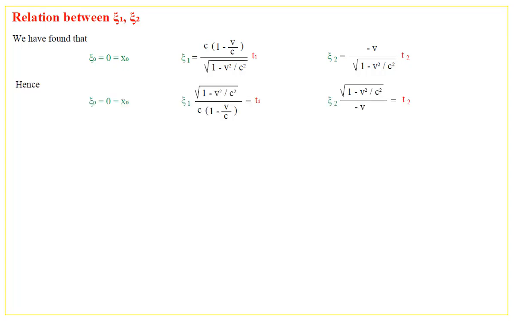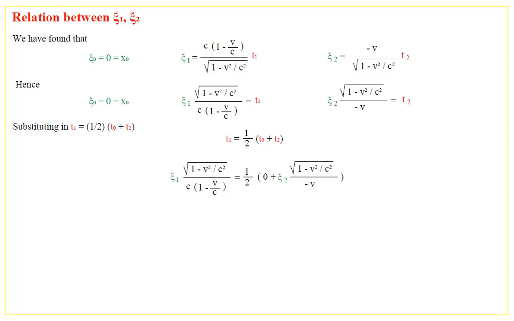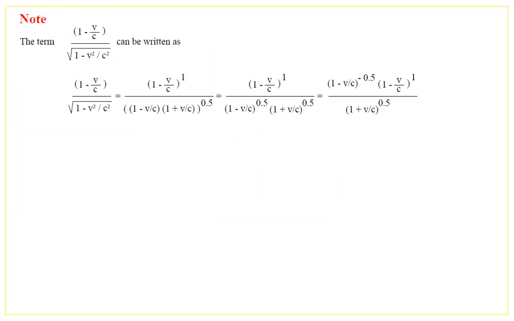Hence, substituting in t1 equals 1 over 2 times t0 plus t2. Isolating psi 2. Note: the term 1 minus v over c divided by the square root of 1 minus v square over c square can be written as.